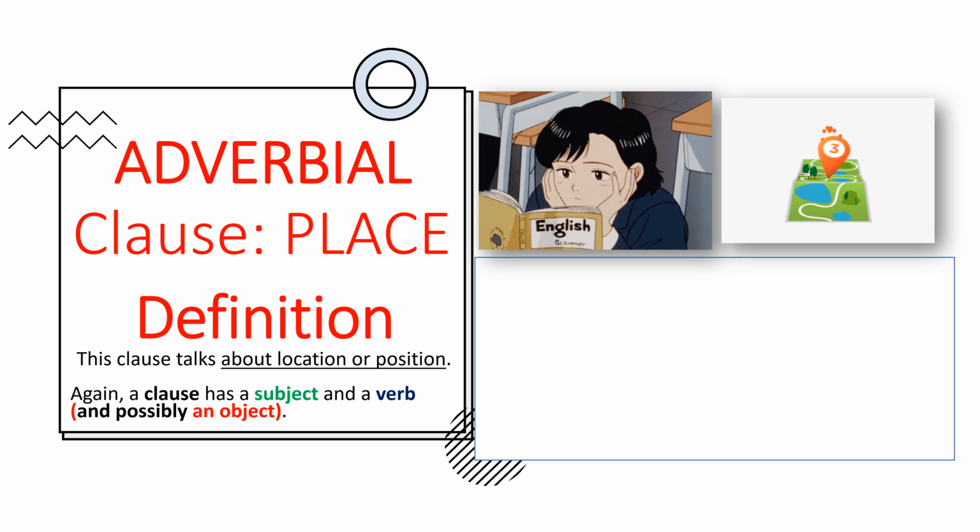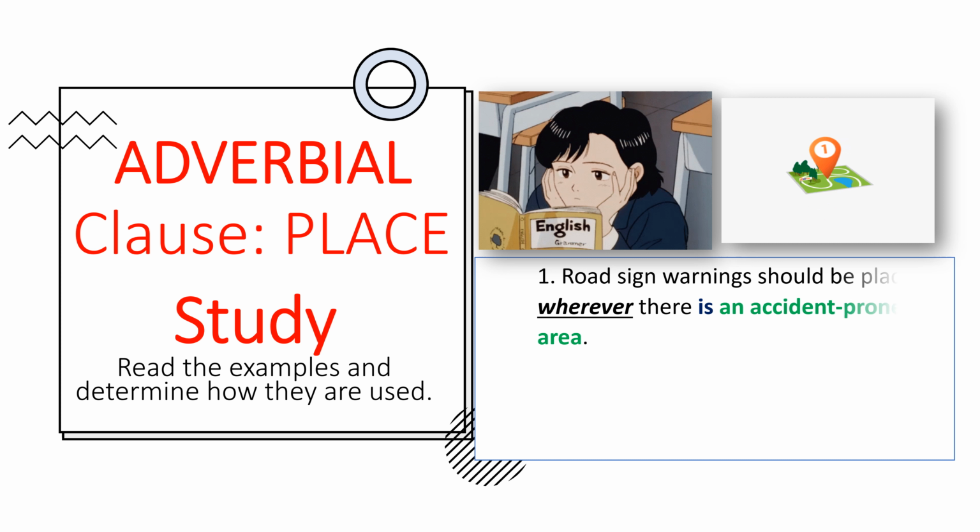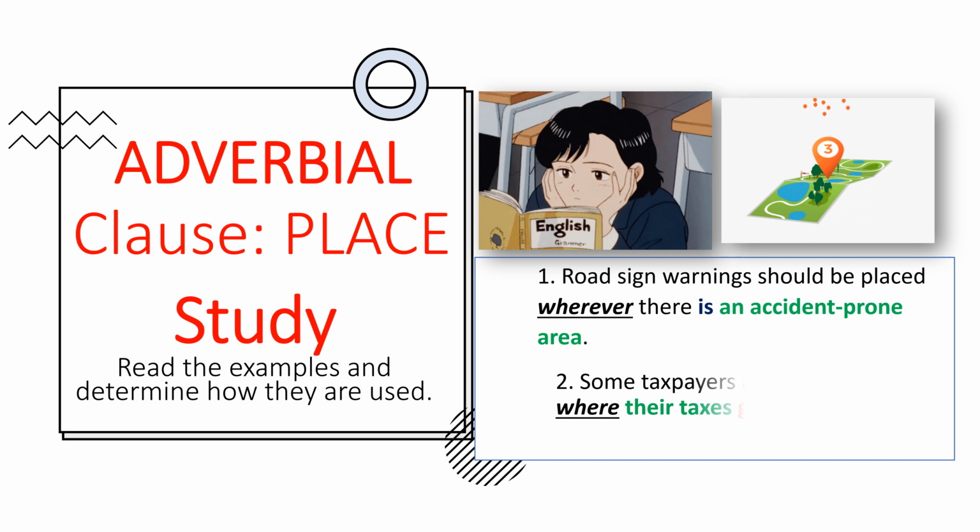The first example sentence, number 1: road sign warnings should be placed wherever there is an accident-prone area. So again, the place here is wherever there is an accident-prone area; road sign warnings should be placed there. Next example. Some taxpayers are uncertain of where their taxes go.